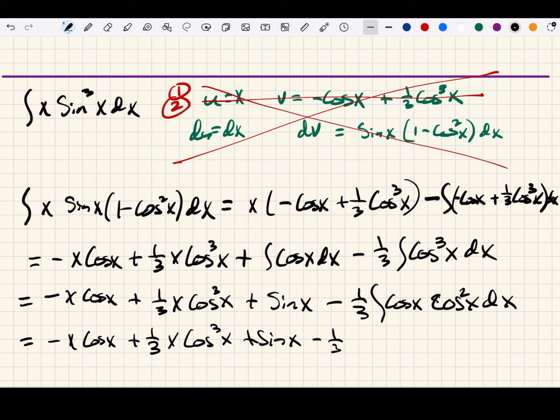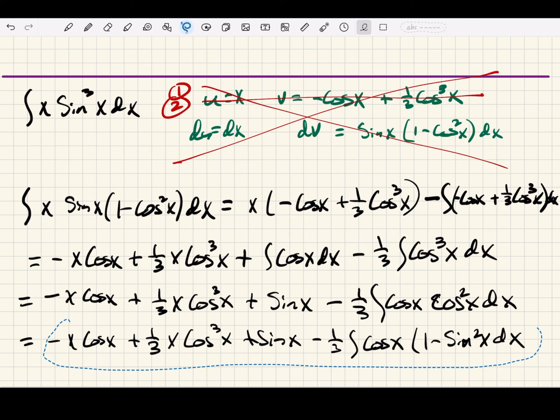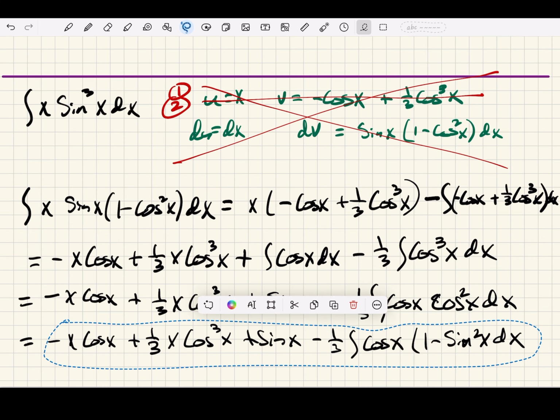Okay, now this is going to be the integral of cosine x times 1 minus sine square x dx. I think we're okay so far. I'm going to move that over to the next page. Is everybody okay if I flip the page?